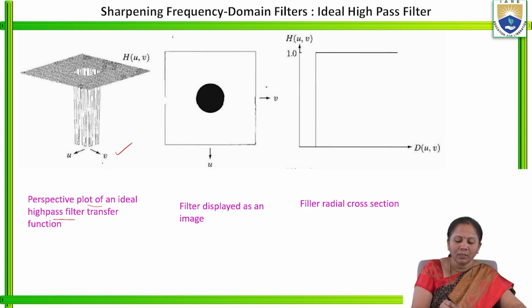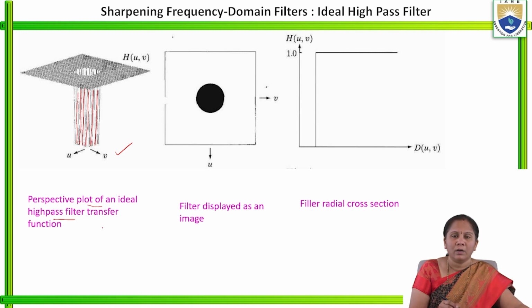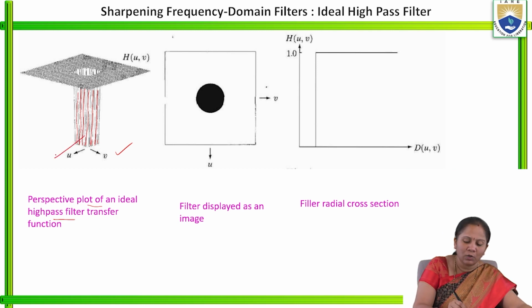Here u and v are the two variables, and H of u comma v is the filter transfer function. You can see the frequencies available in this range, according to the high pass filter transfer function, are called lower frequencies. So all these lower frequencies will be blocked.